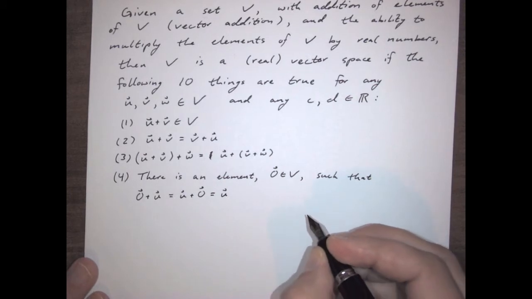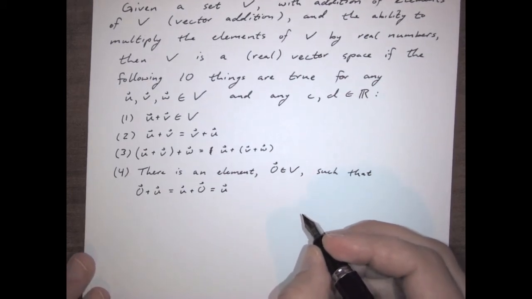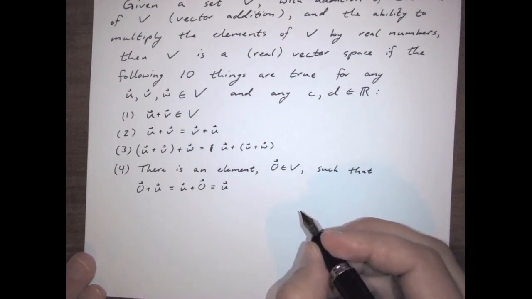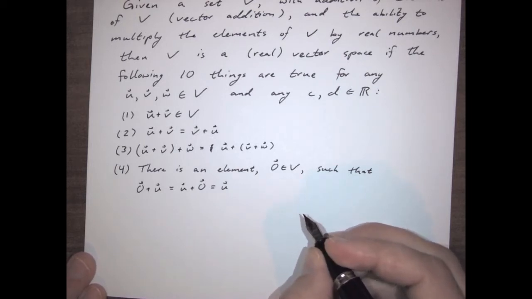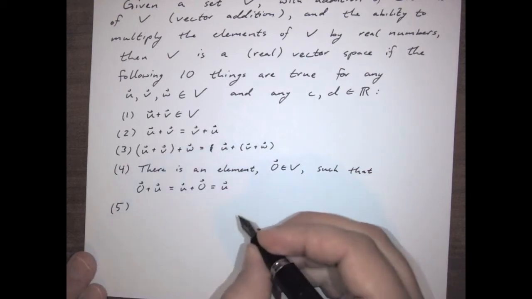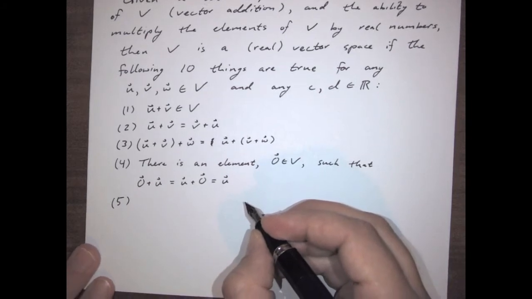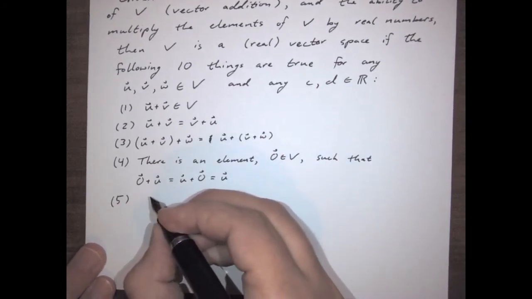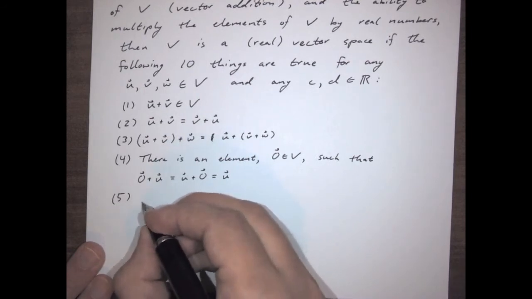So it does not count as a vector space unless there is a 0. There has to always be a 0 somewhere in there. And what makes 0 0 is that it is the element where if you add it, it doesn't affect anything. So it is the additive identity. All right, 5. So for each u, there has to also be such a thing as negative u.